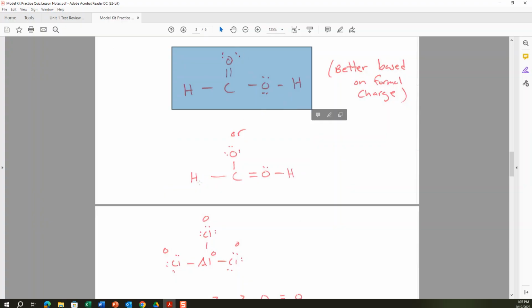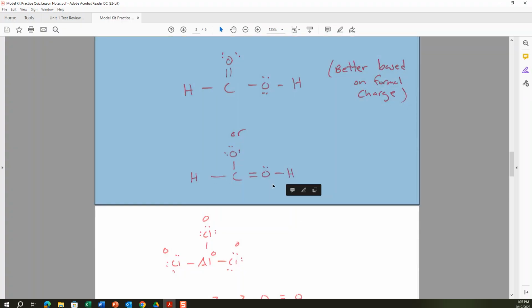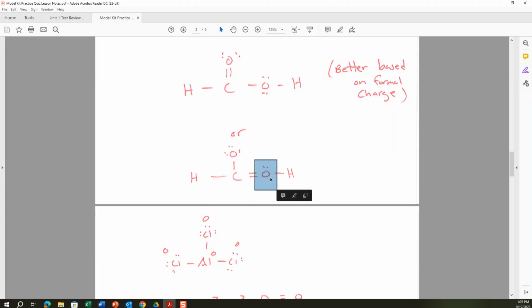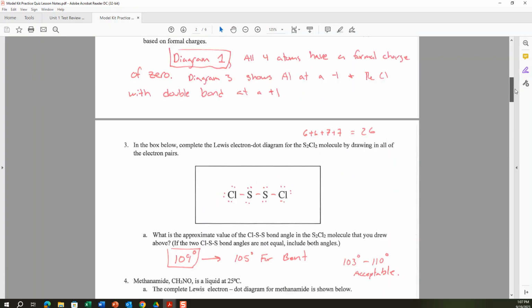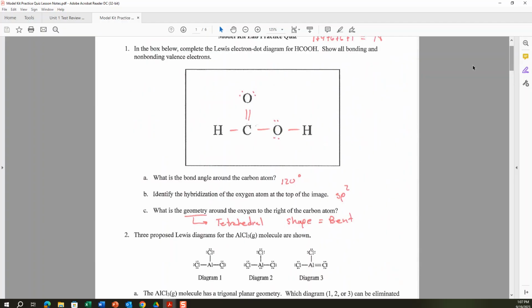If you assigned formal charges, all the formal charges in this one are 0. But in the other, one oxygen has a formal charge of -1 and the other has a formal charge of +1. That's why it's really no good: you have a positive formal charge on a more electronegative element. So that would be my structure.